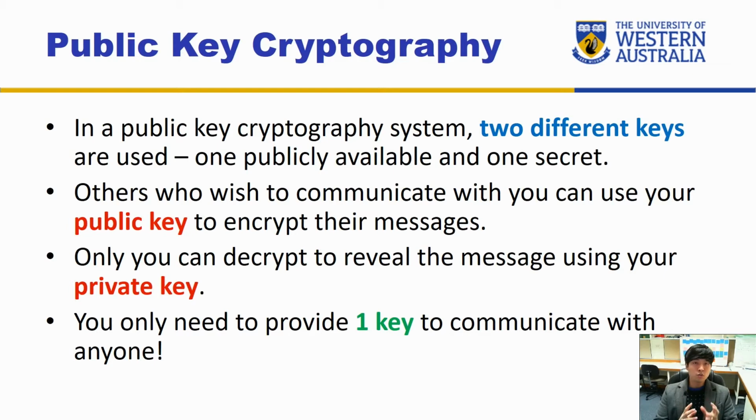Then you can use the private key to extract the encrypted message. Usually the private key is only held by you. So you keep the private key safe away from everybody else, while your public key can be visible to everyone outside. This means you don't need to create n squared pairs of keys. Instead, you only have to have one public key available.